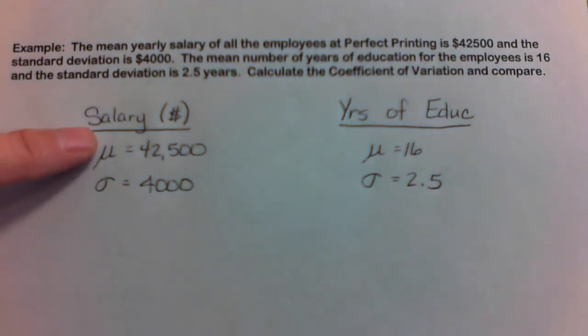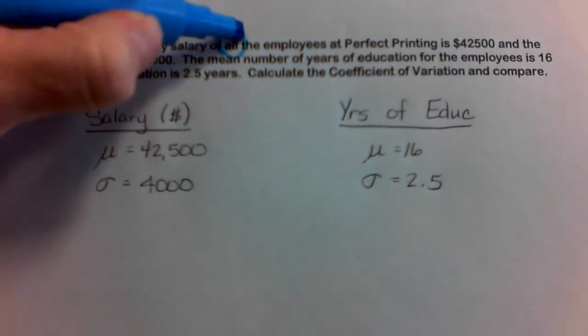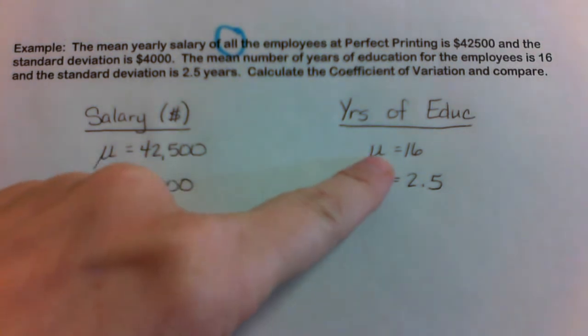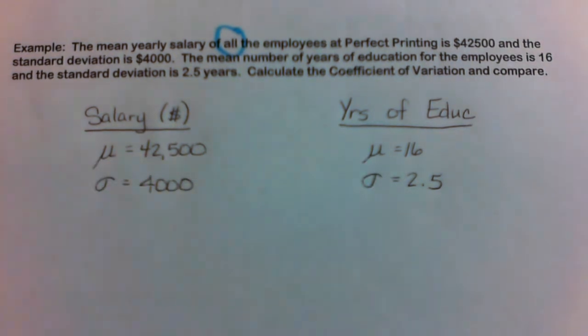Now, notice I used mu and sigma. Those indicate that my values come from a population. How did I know that? Because it said the word all. If it would have only taken a portion of the numbers, then I would have used X bar here and I would have used S here if it was a sample statistic.